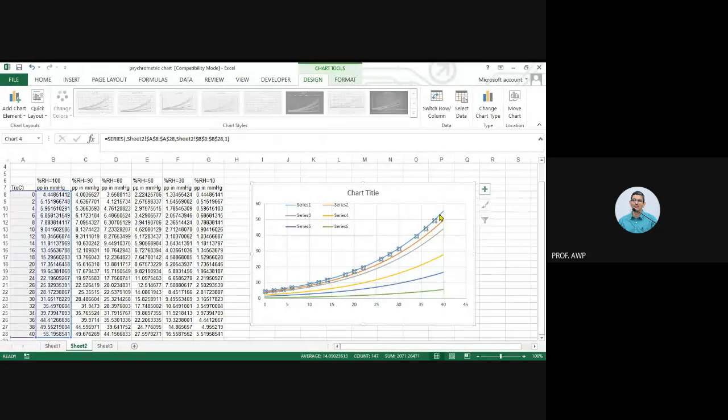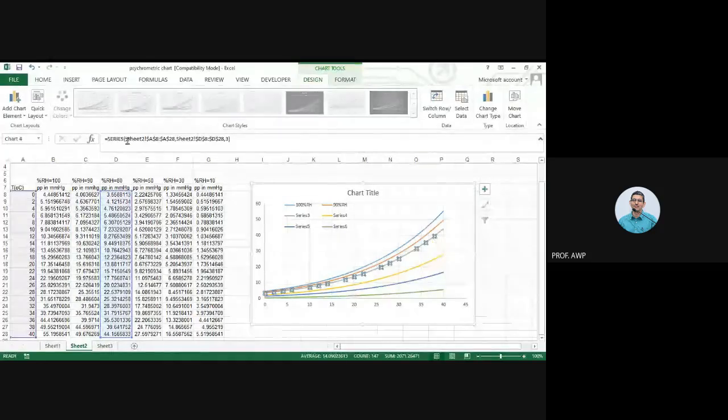This first line corresponds to 100% RH. Second one corresponds to 90% RH. Third one corresponds to 80% RH.